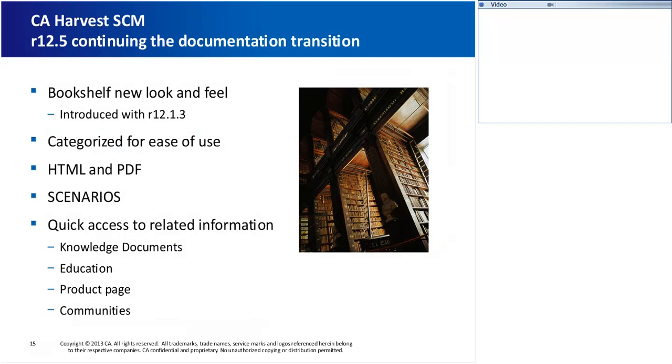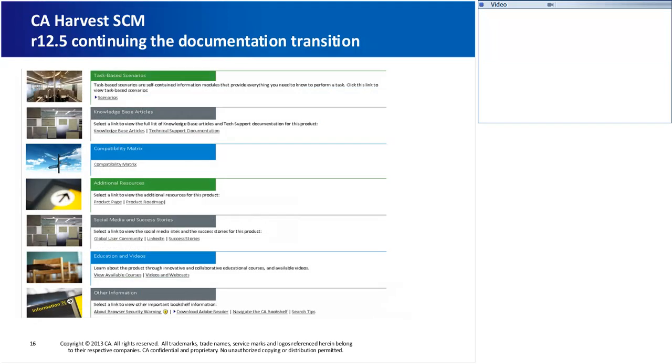Before I turn it over to Kevin, I also want to mention that we are continuing to improve our documentation and our bookshelf, and we will be introducing a whole new look and feel with 12.5. You'll see that on this slide here, where items are characterized in better order so that you can get to the information that you need more quickly without having to traverse through the website.